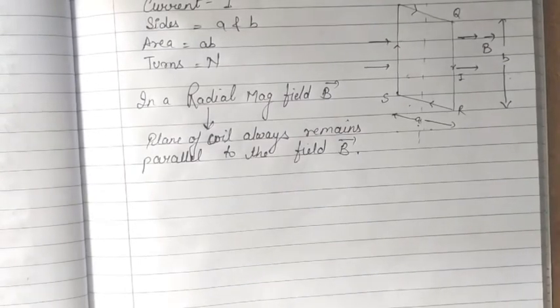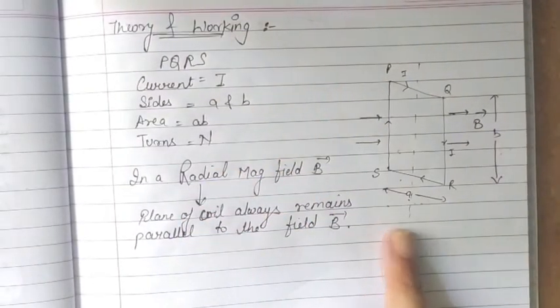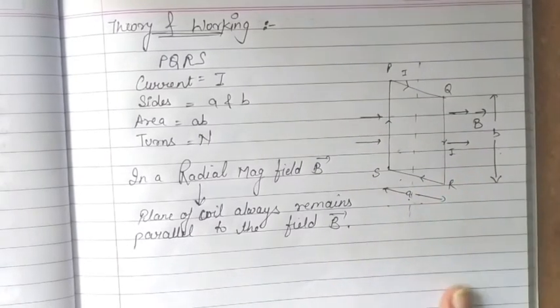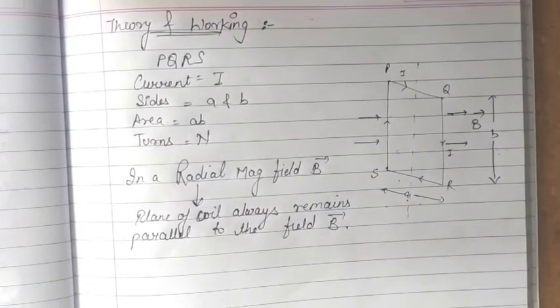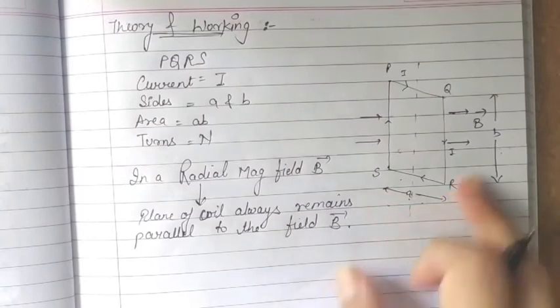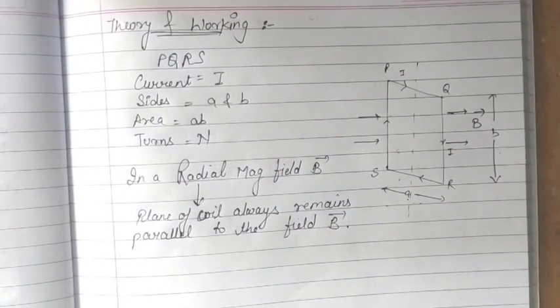Now magnetic force will act on this coil. As we have studied, whenever a current carrying coil is placed in a uniform magnetic field, there is a torque on that coil, and actually there exist forces on each side of the coil, and because of these forces there exists a couple or a torque which tries to rotate this coil.